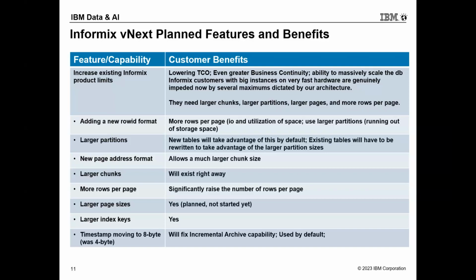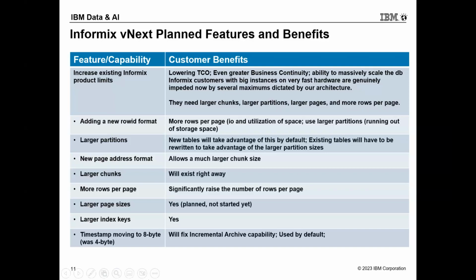And the timestamps moving to an 8-byte from a 4-byte measure, it'll fix the present ability to have incremental archives and use by default. Understand the incremental archives don't work presently because there's problems here. And this will also give us the ability to have larger index keys. So all that is coming.